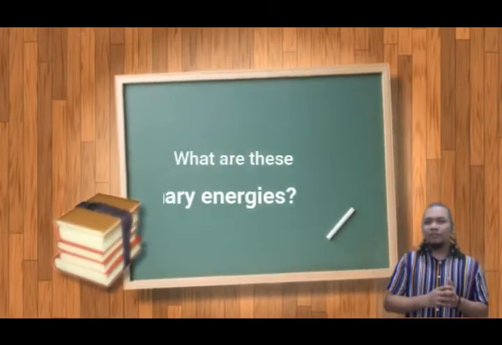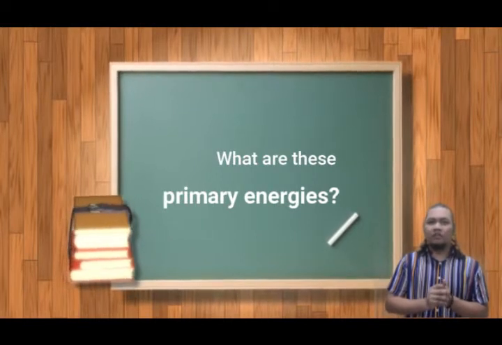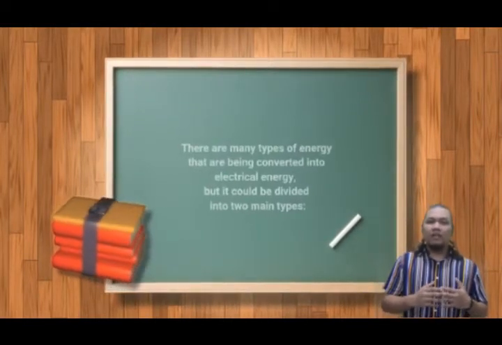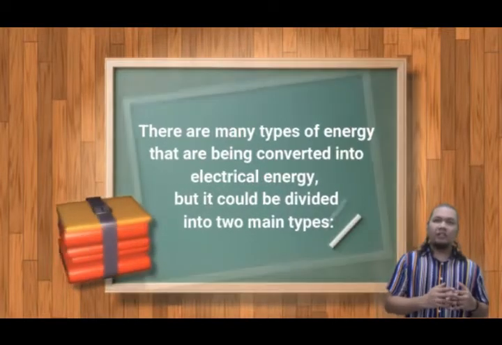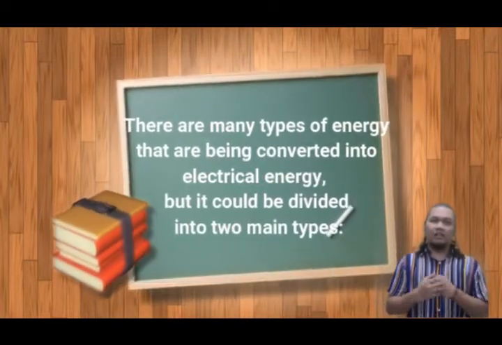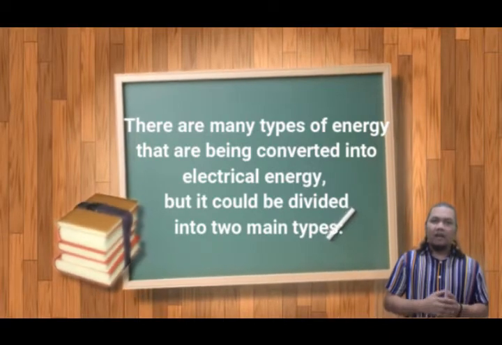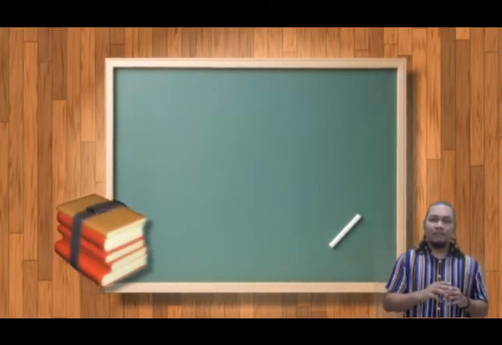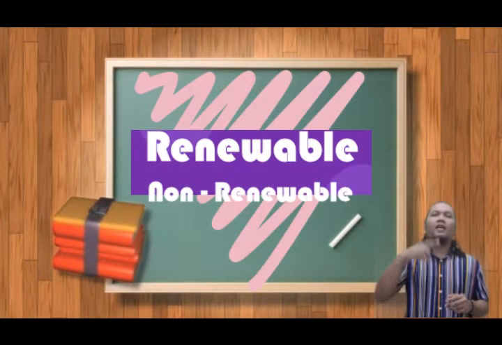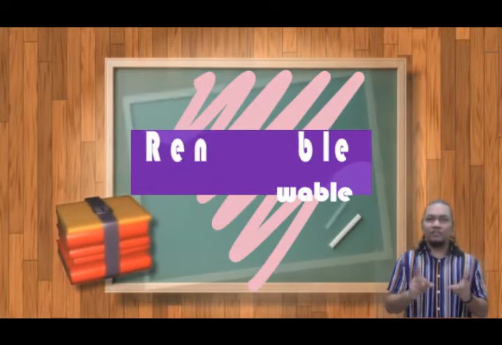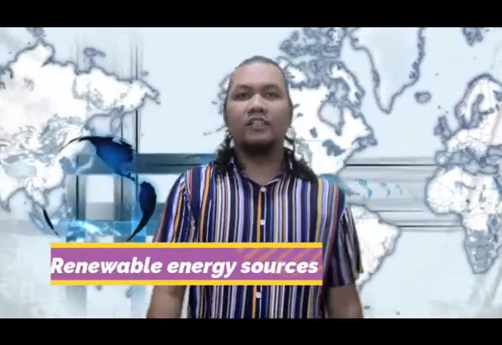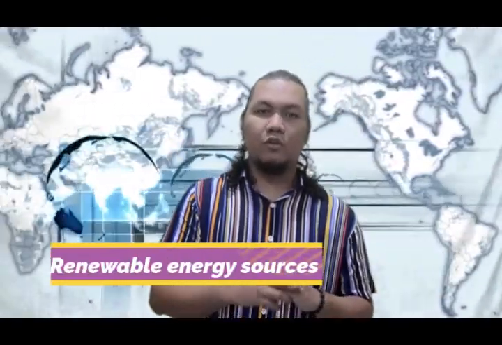So what are these primary energies that are being used as sources? As we have learned, there are many types of energy that are being converted into electrical energy. But they could be divided into two main types: renewable and non-renewable energy resources. Renewable energy resources are the resources that can never be consumed to completion.